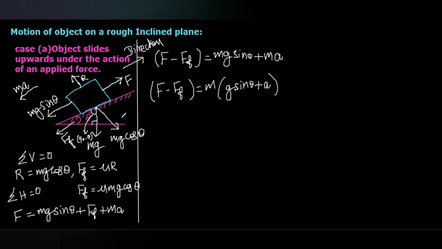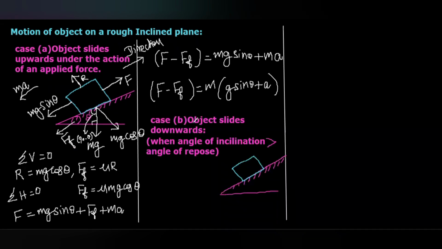Okay, so this is the analysis of D'Alembert's principle for motion of an object on a rough inclined plane, and the case A, object slides upwards under the action of an applied force. Okay, then case B, object slides downwards without any applied force.